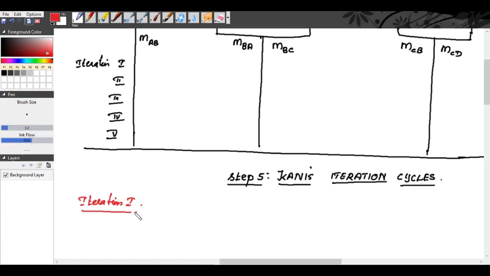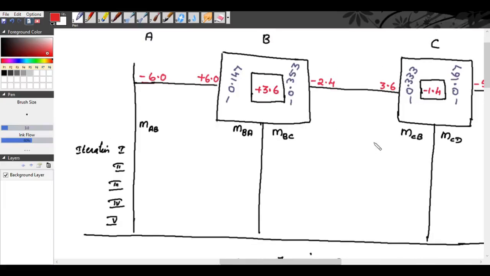First we are going to find MCB. We'll start from here. Initially, both MBC and MCB will be contributing to each other. Initially, we will assume MBC is equal to 0. That means we will assume the first rotational contribution is 0, so we will start with MCB.